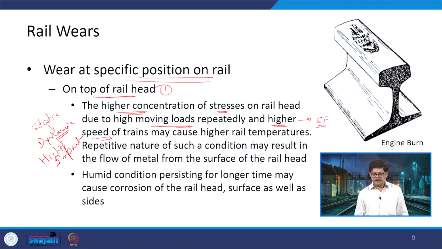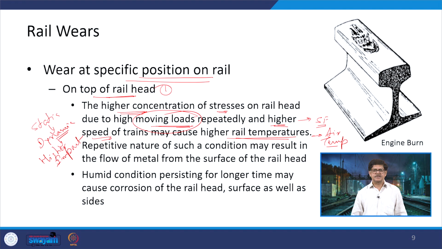Another thing is that there is a problem with respect to the rail temperature. This rail temperature may increase because of the moving loads which are of higher values. It can also happen because of the air temperature of the surrounding environment.